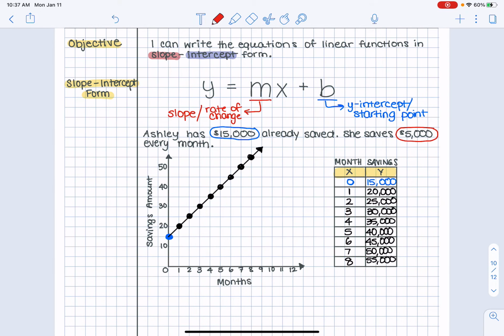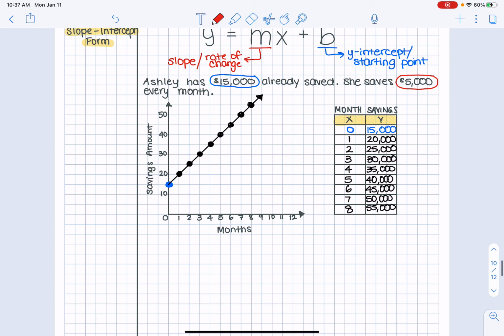And let's pretend we did not have the word problem to find our rate of change. So remember that slope, right, m, equals the change in y over the change in x. So if we look for our change in y, right here, we're increasing by 5,000.